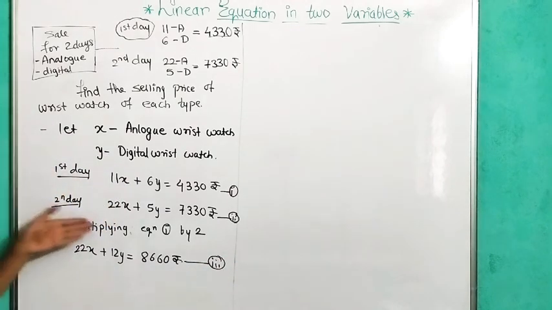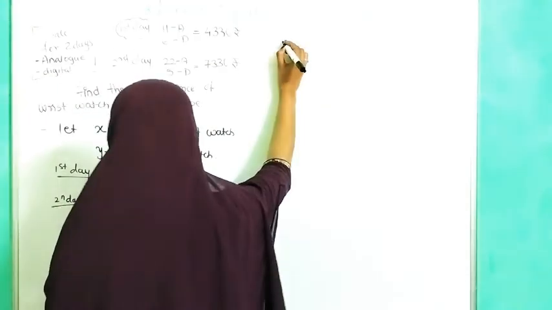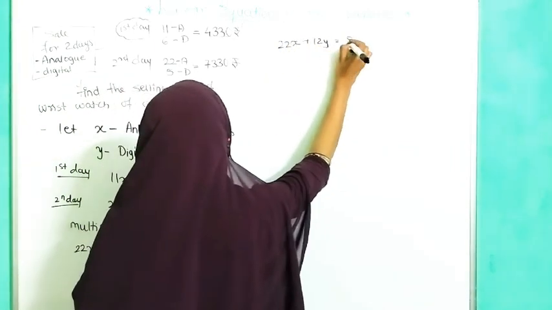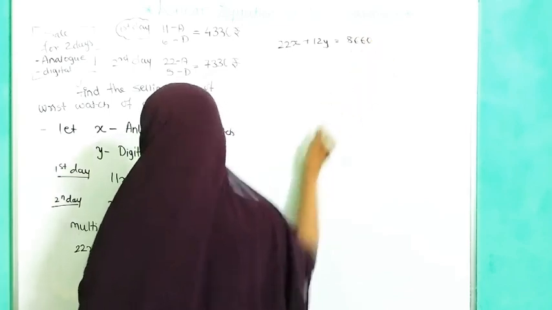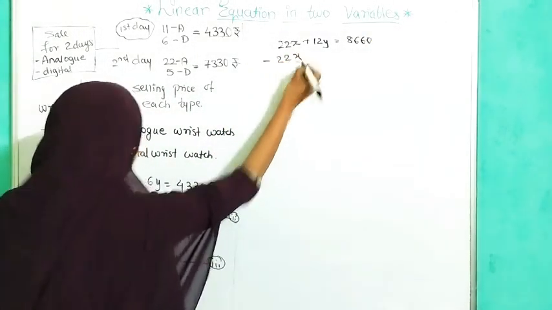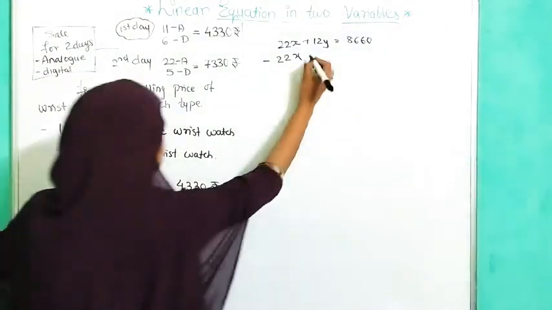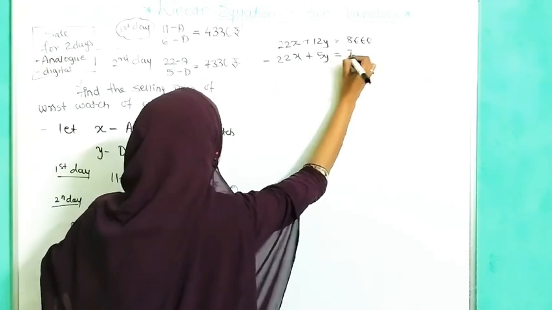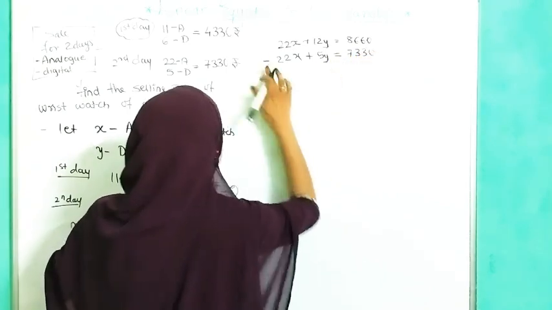Subtracting, we write equation 3: 22x plus 12y is equal to 8,660, and equation 2: 22x plus 5y is equal to 7,330 rupees.